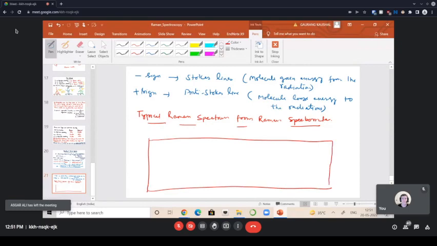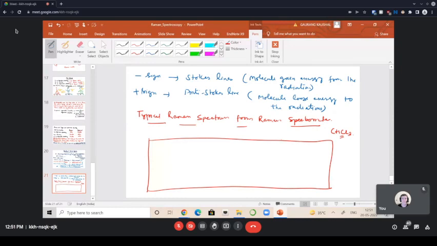This is for a particular molecule, CHCl3. This was an experimentally observed spectrum, and it is already given in your book.